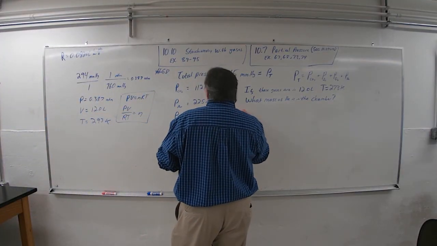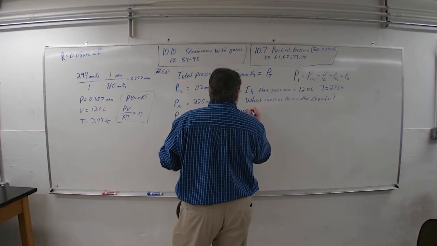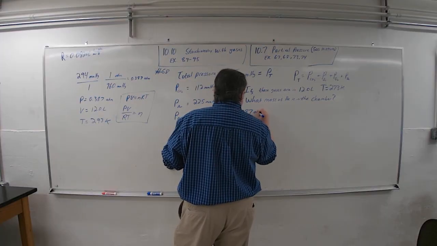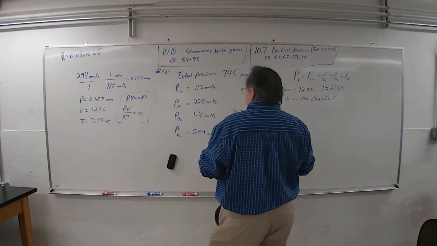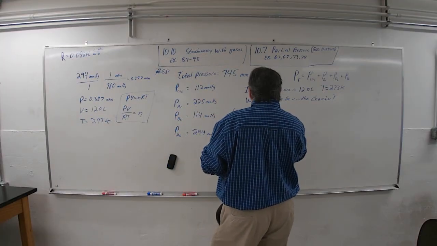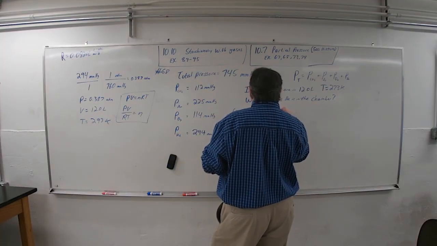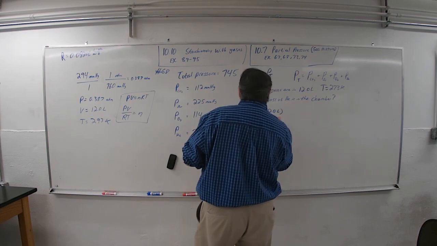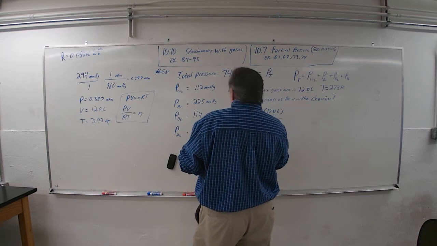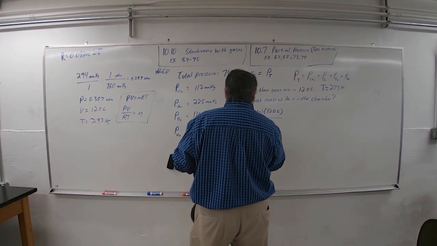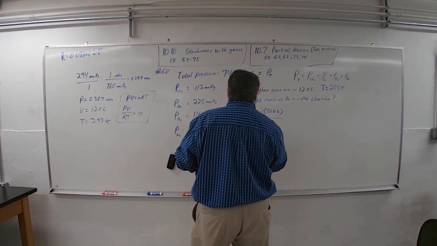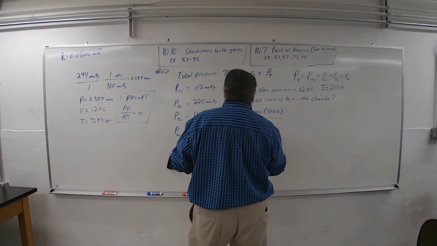Pressure is 0.387 atmospheres. I'll put units in this time. Volume is 12.0 liters. R is 0.08206 liter atmosphere per mole Kelvin.